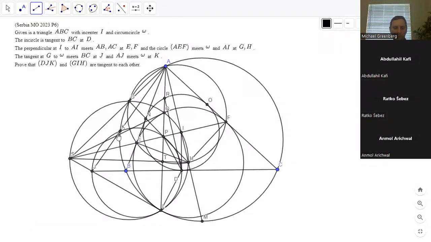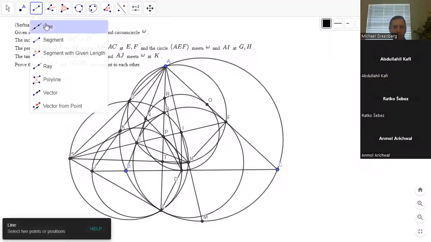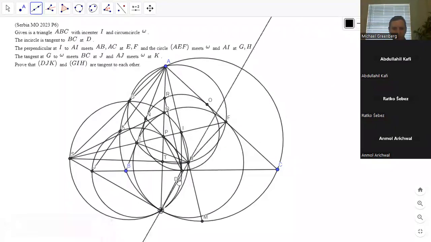Or EF. Maybe EF is easier. Let's see. Yeah, I feel like there should be a way to project it somewhere.